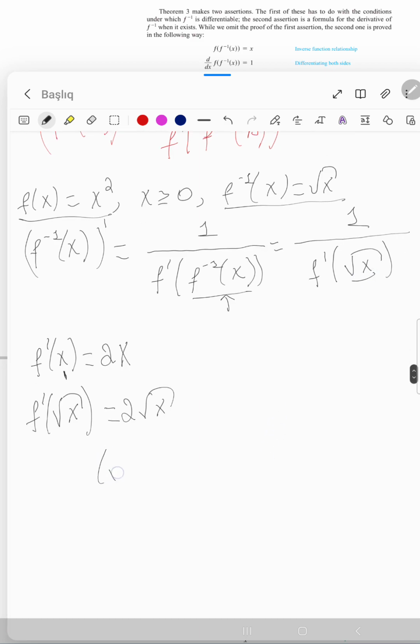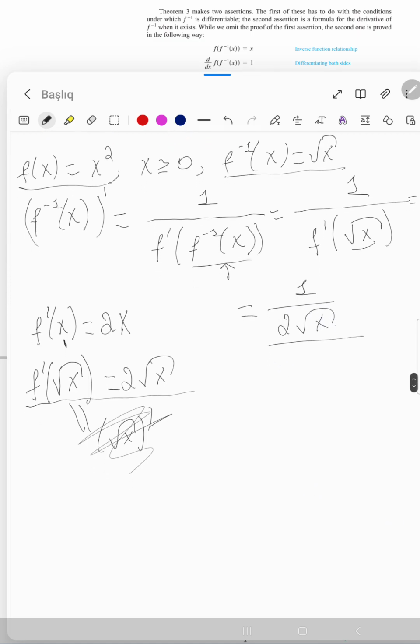Never write that this equals the derivative of square root of x. No, it's not your function, it is just x. Never. We just plug in, and we found that f derivative at square root of x equals 2 square root of x. So the answer is this. See, it's easy.